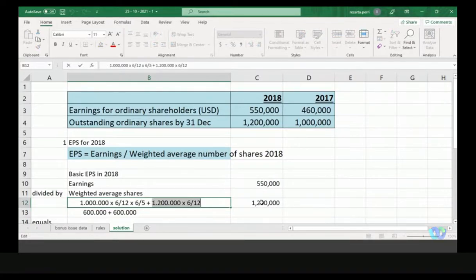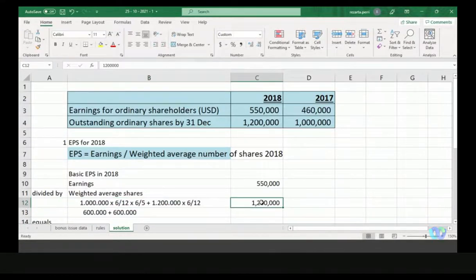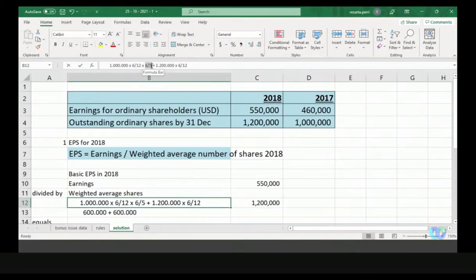Again, we are having 1,200,000 weighted average number of outstanding shares, simply because we are applying the bonus factor over here. This is the crucial point, the crucial element of doing the calculations.